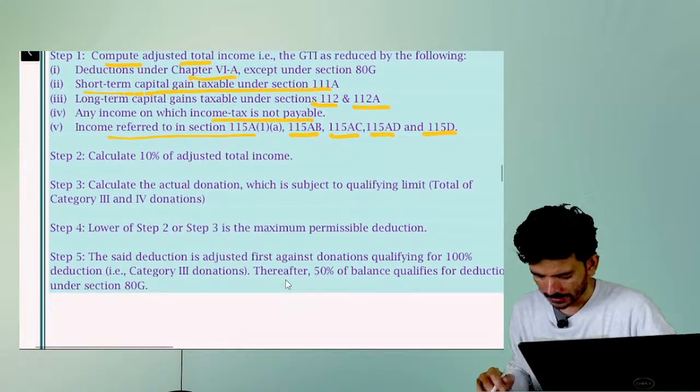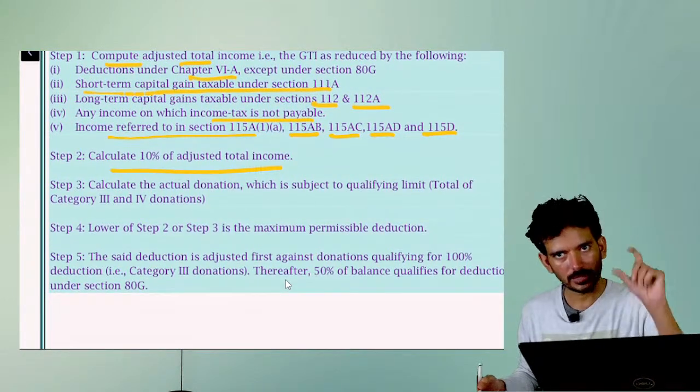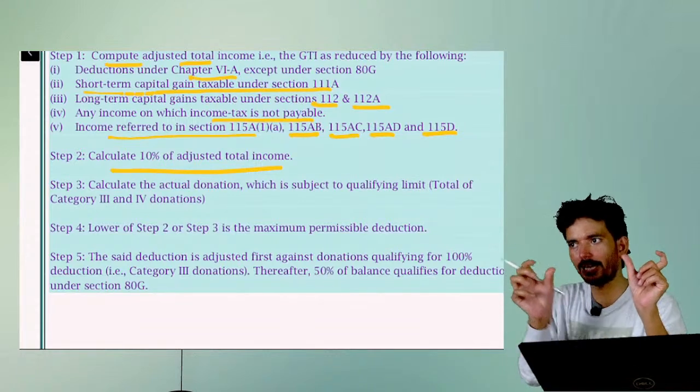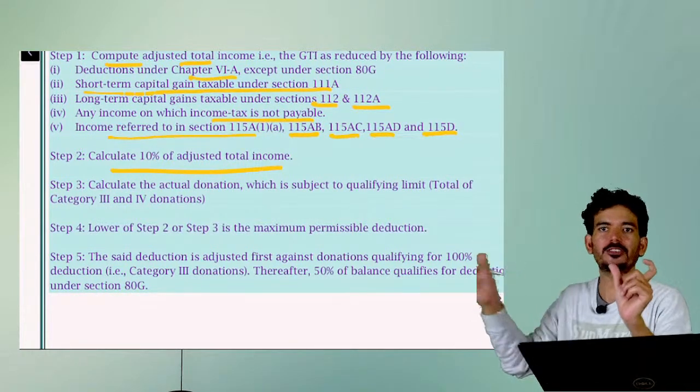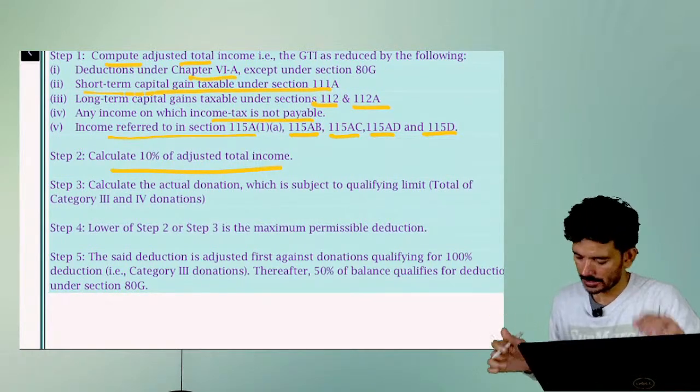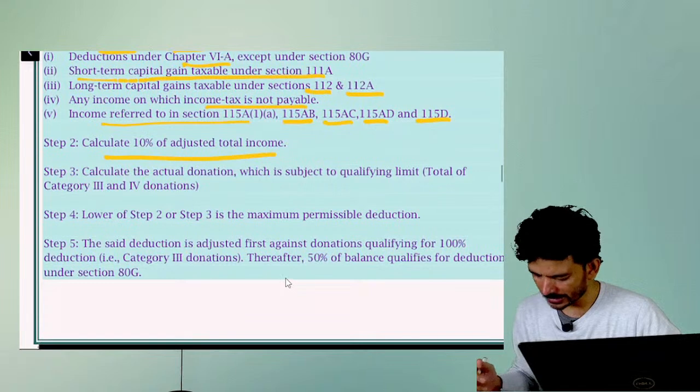Then calculate 10% of that, that is the amount. Compare that with the 100% with limit or 50% with limit amount, and that is what you will be eligible for under ATG. Okay, we'll solve one question at the end.